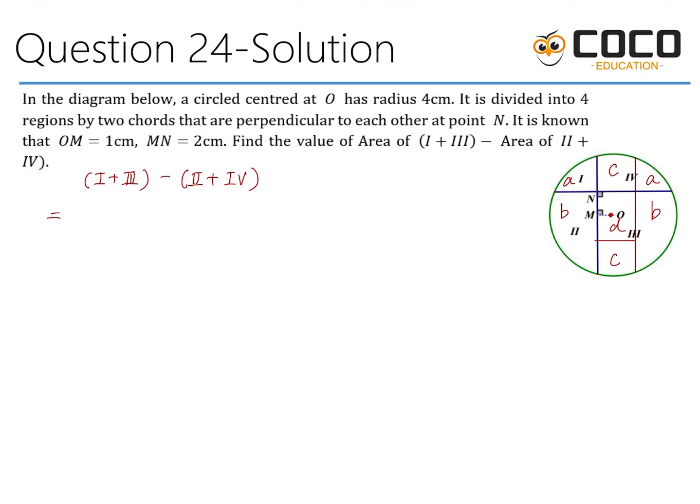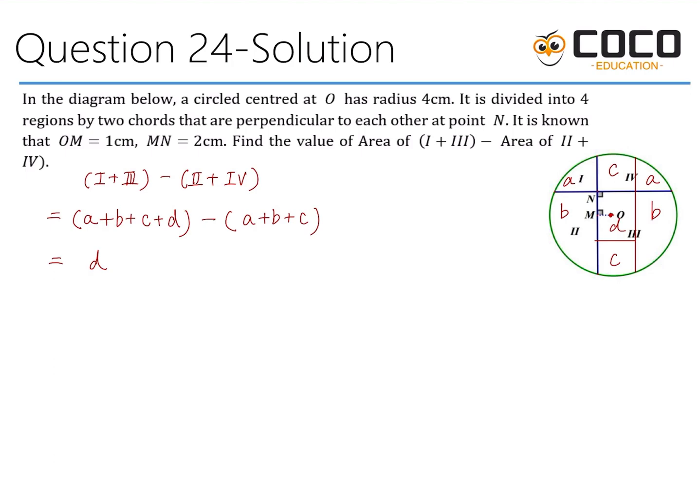So region 1 equals A. Region 3 is B plus C plus D. It's the sum of A, B, C, D. Region 2 equals B. And region 4 equals C plus A. So this is the sum of A, B, and C. Apparently the difference here is D. So D is the rectangle in the center.